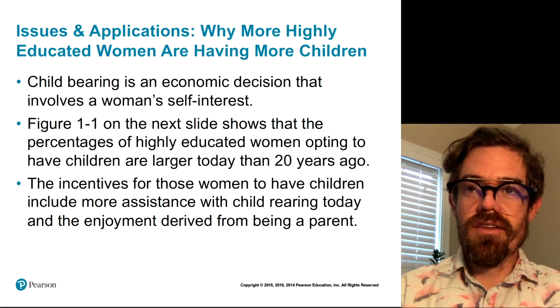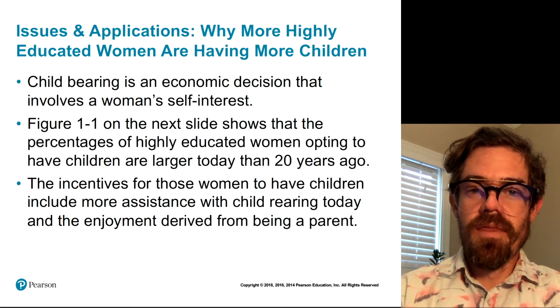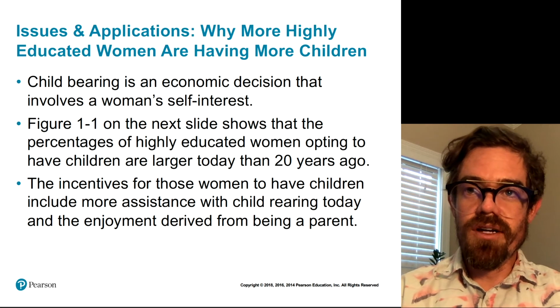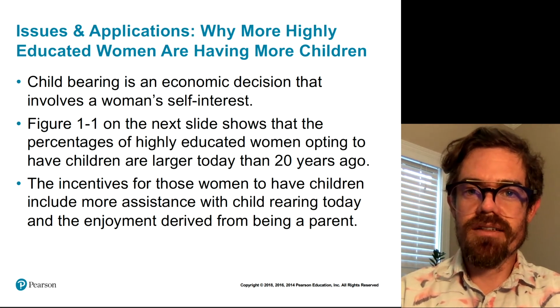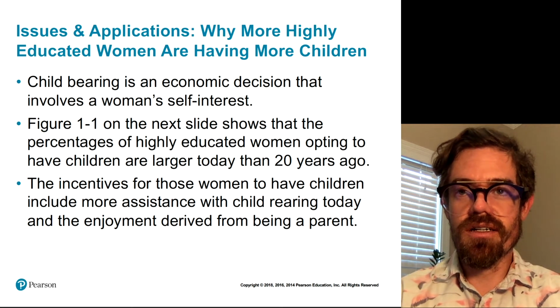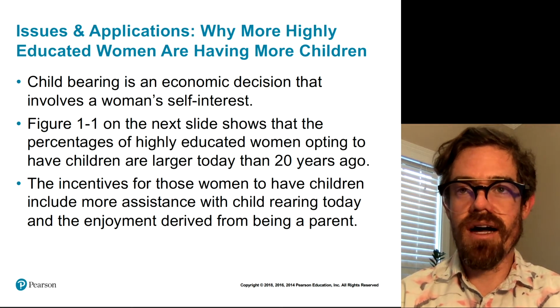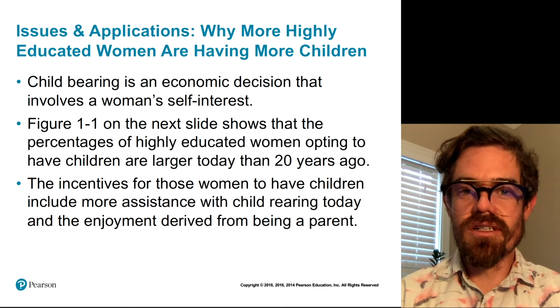Also think about the other things we talked about, right? The fact that people have unlimited wants but limited resources. So how might that impact these women's decisions to have or not have children? How might the limited resource aspect play in?